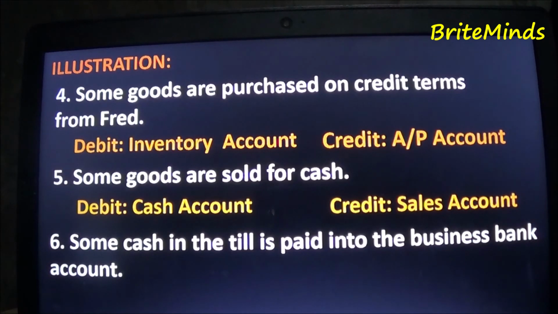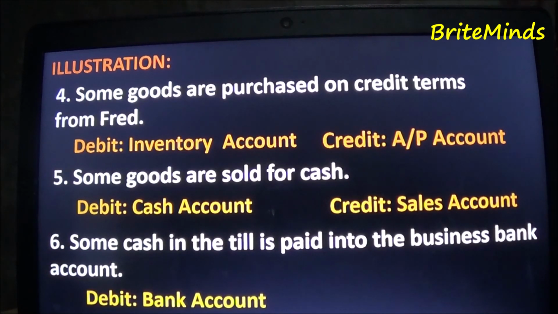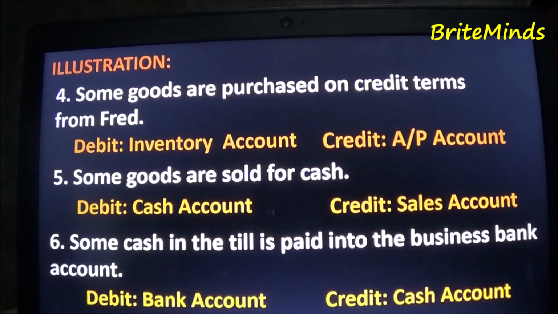The debit will be the bank account because the money was put into the bank, and then the credit will be the cash account. So actually only the asset accounts are affected by this transaction: an increase in assets and, at the same time, a decrease in assets. So liabilities and equity accounts are not affected.